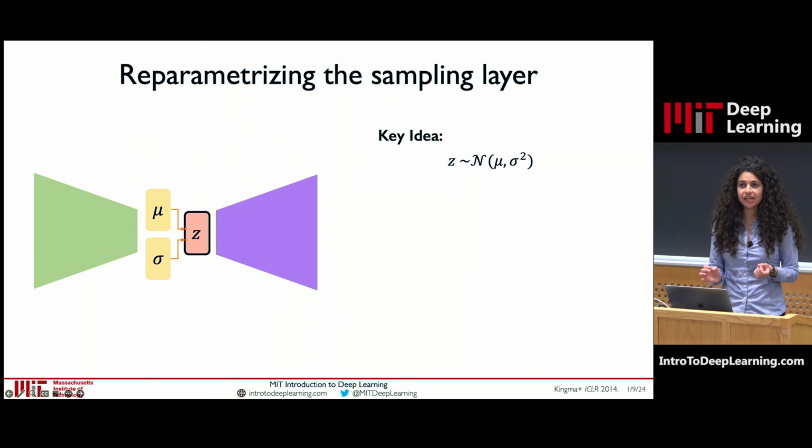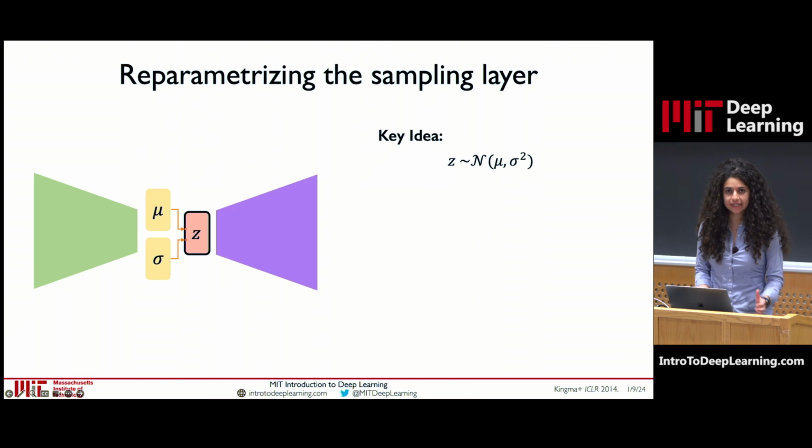And so with VAEs, they employed this really clever trick that effectively diverts the sampling operation to reparameterize the latent variable equation slightly so that we can train the model end-to-end.